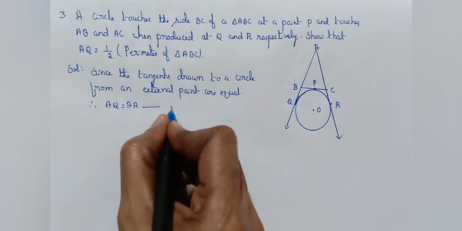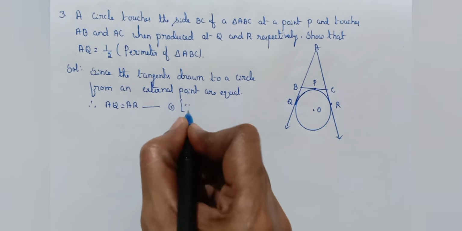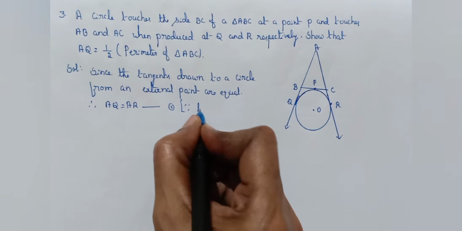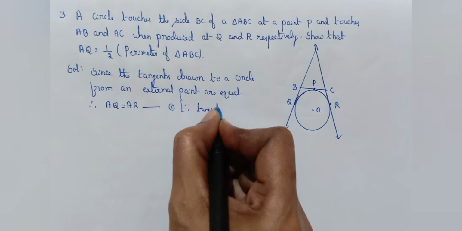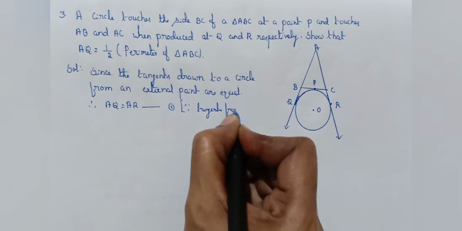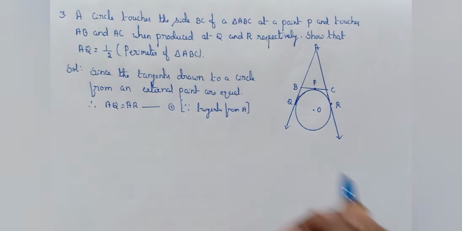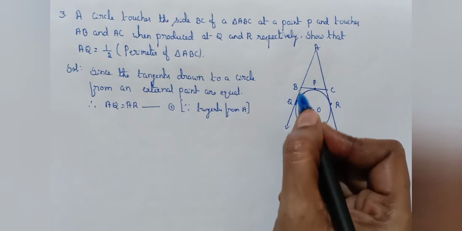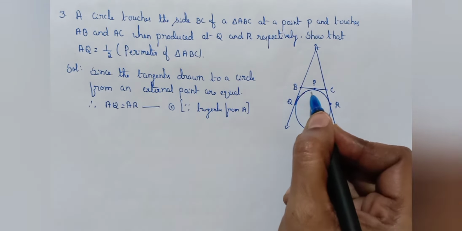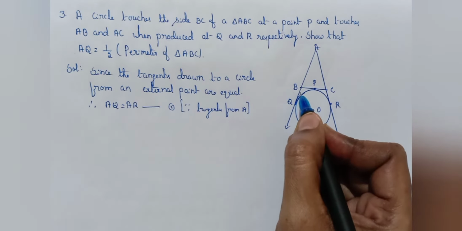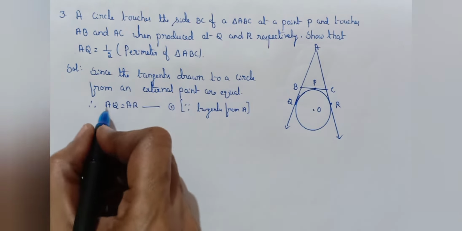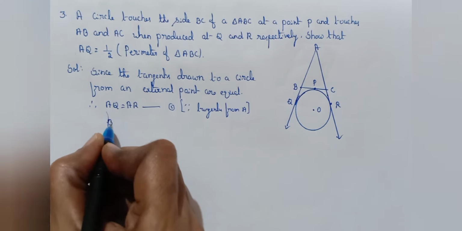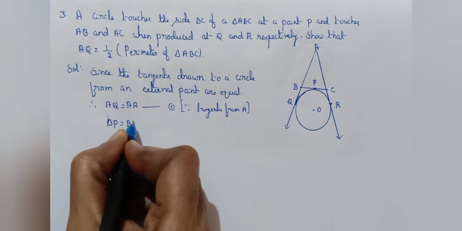Consider it as equation 1, because tangents from A. Next, B is an external point. BP and BQ are the tangents drawn to a circle from an external point B. BP is equal to BQ.